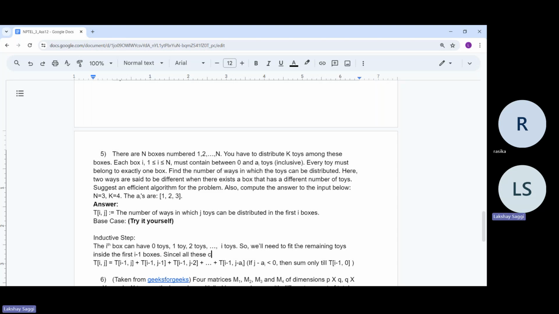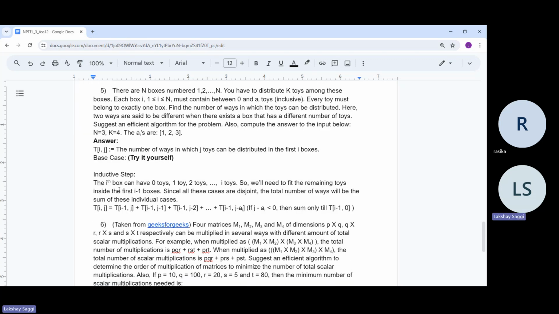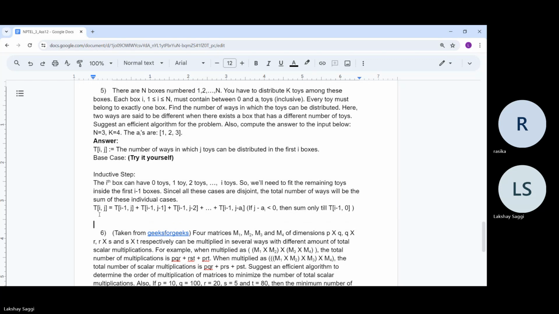Since all these cases are disjoint, the total number of ways will be the sum of these individual cases. So this is the reasoning, and from this we obtain that t of i comma j will be nothing but t of i minus 1 comma j plus t of i minus 1 comma j minus 1, and so on. So this is the inductive step which will be needed.